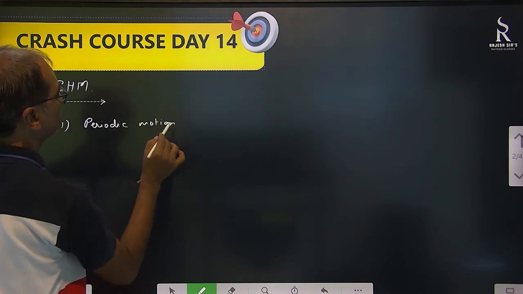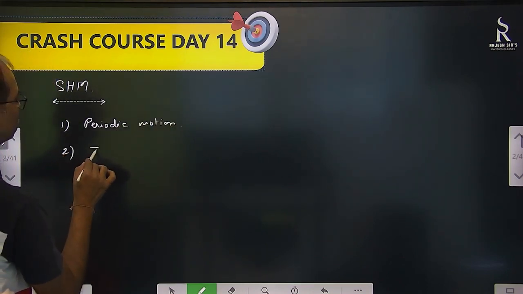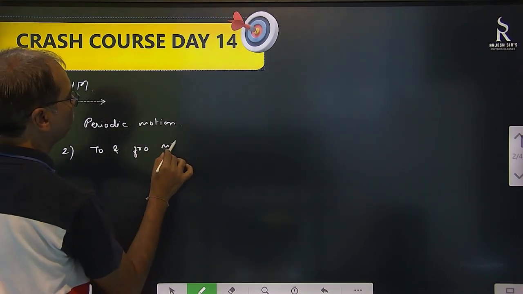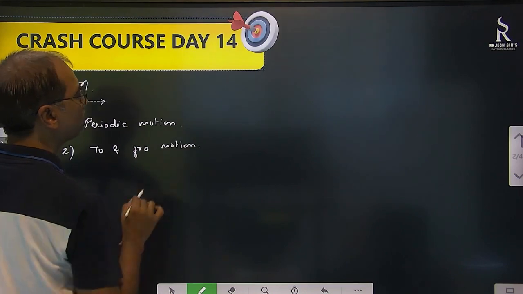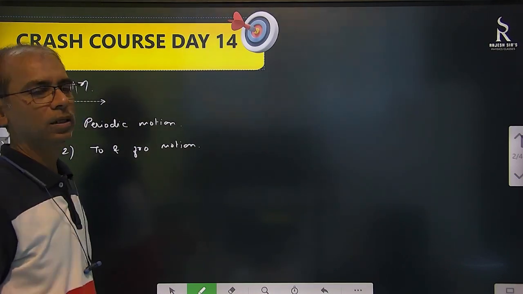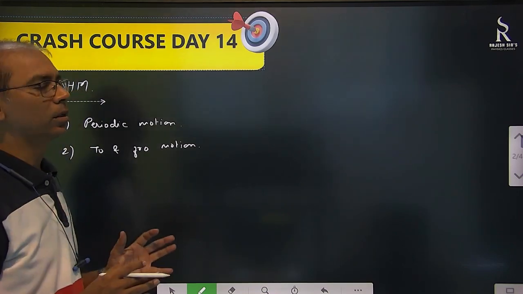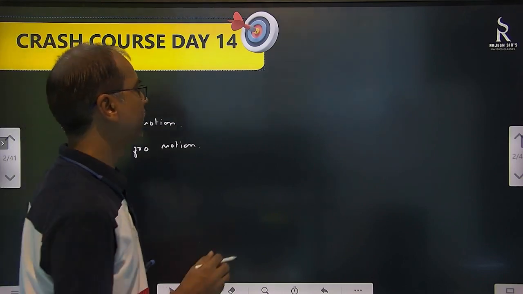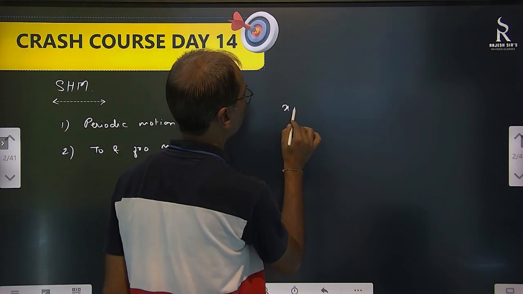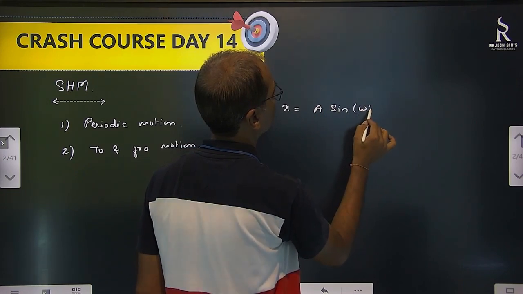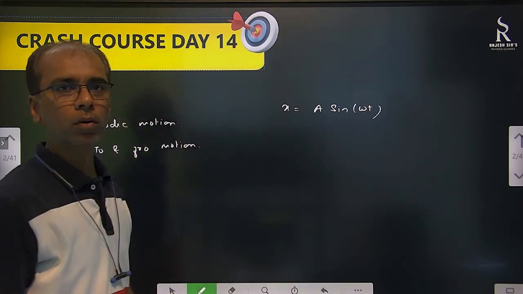Second, it's to and fro motion. And the most important thing about this is in this one, displacement, velocity, acceleration, all are written along with trigonometric functions. So if I say displacement, we write it as something like A sine omega t.